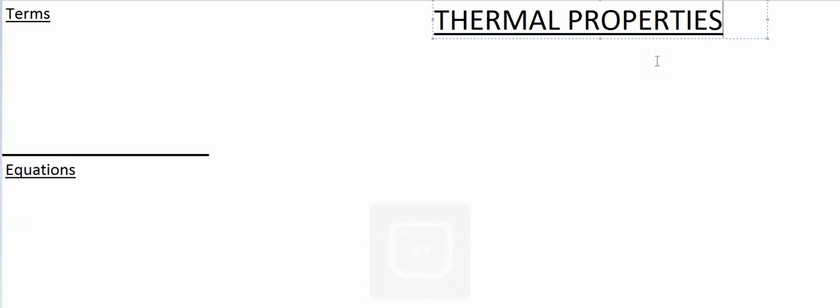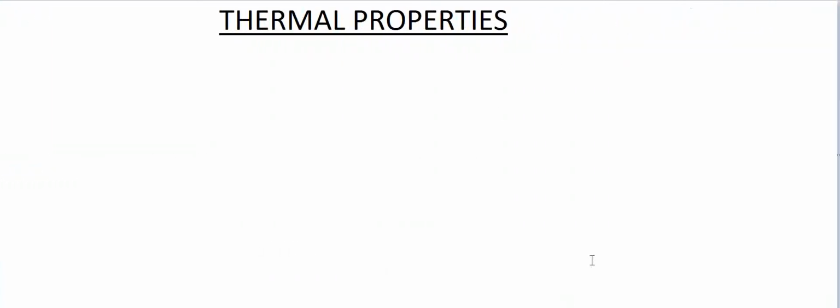The first part is thermodynamics, and the second part is heat transfer processes.